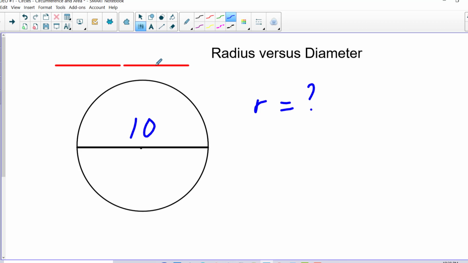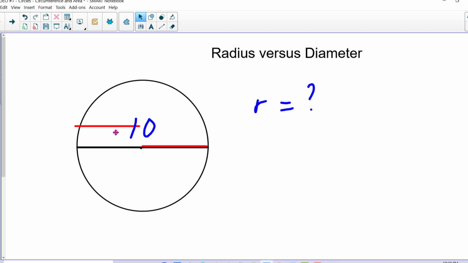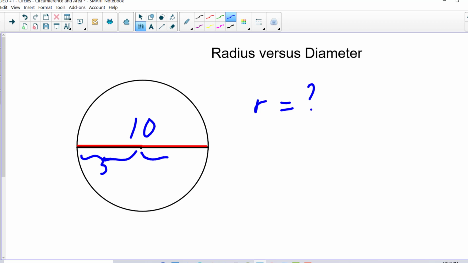Remember, the radius is half of that because that's just the distance from the center to one side. So if all the way across was 10, how much would the radius be? Hopefully you said 5, right? Because if one of those is 5 and the other one is 5, that would make up a total of 10. So the radius would then equal 5 units.